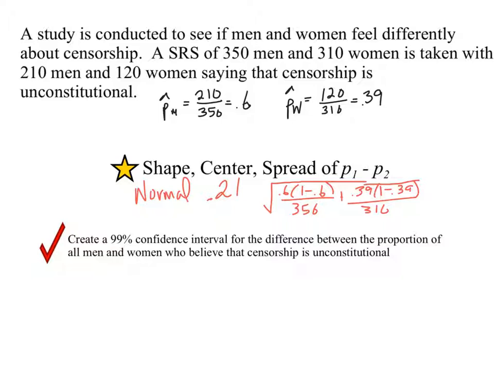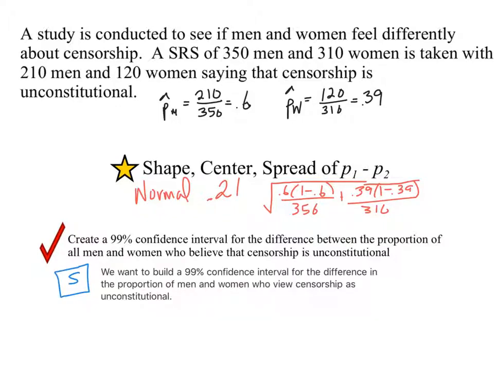So now I want to create a 99% confidence interval for the difference between the proportion of all men and all women who believe that censorship is unconstitutional. The process here remains the same. It's still our four-step: state, plan, do, conclude. Our state would look something like this.